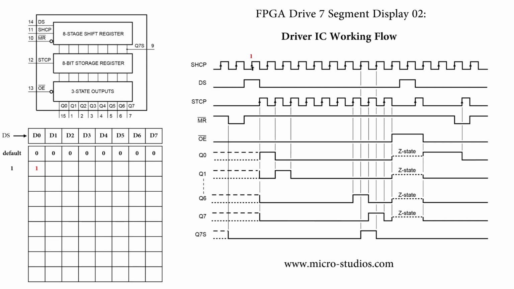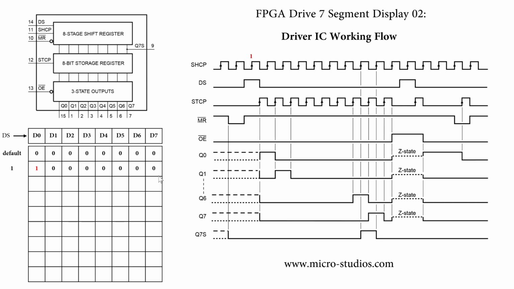The clock goes from low level to high level, this is the rising edge. We will shift this data value, this is 1, into the shift register, and the rest of the other shift register values will be 0, and will keep at 0.